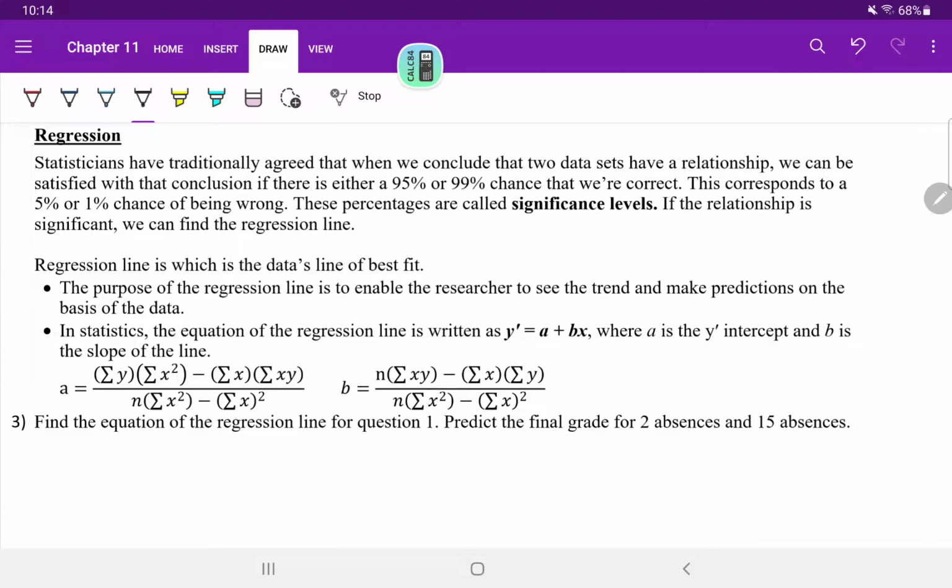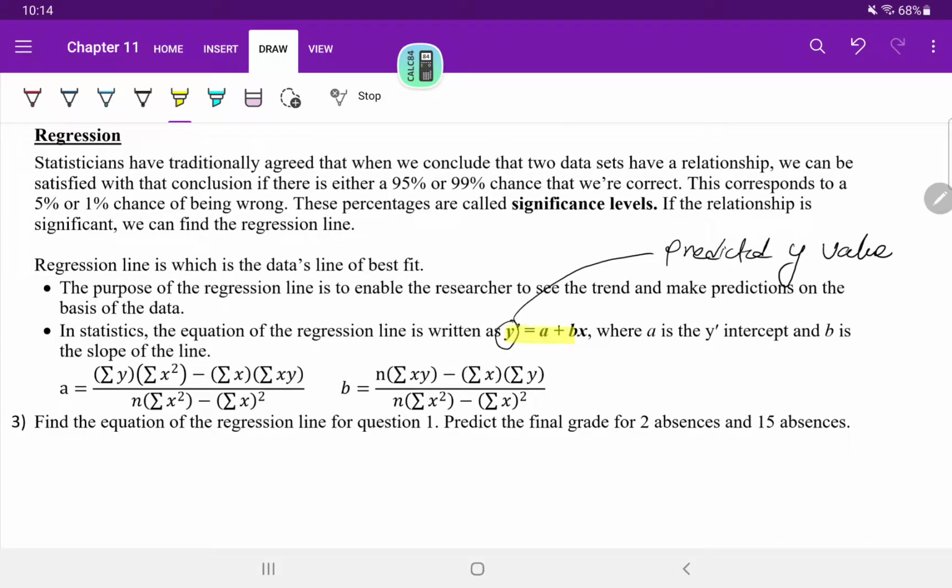In statistics, the equation of the regression line is written as y prime equals a plus bx. Now, don't think of y prime in terms of a derivative. This means predicted y value. And a is the predicted y-intercept. b is the slope of the regression line.